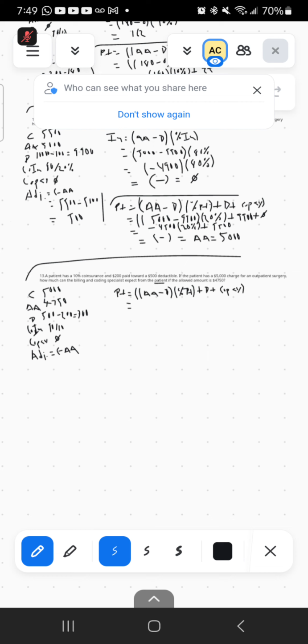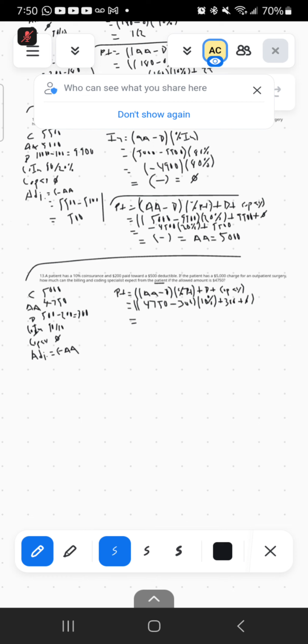The allowed amount is 4750. Deductible is minus 300. Percentage for the patient is 10%. Deductible 300. And then 0 for co-payment.